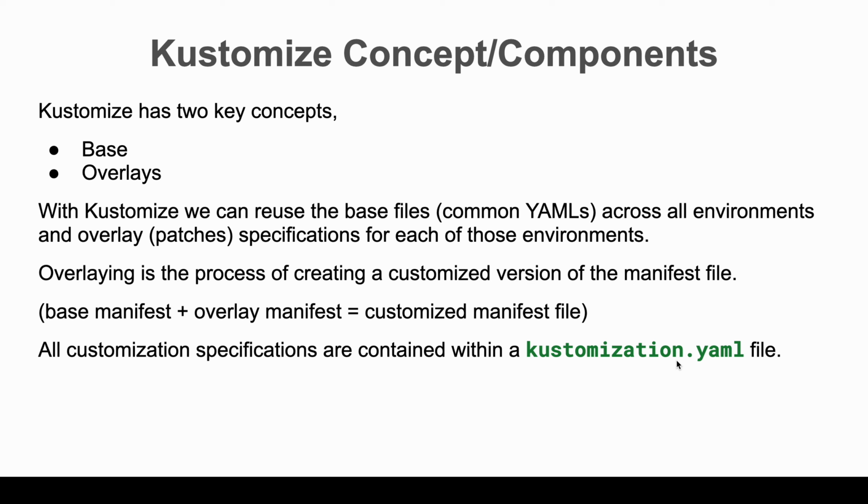As we are already aware of different types of resources and objects in Kubernetes, like deployment, services, daemon set, stateful set, etc., within Kustomize we have to create a customization.yaml manifest file which specifies all the customizations we are doing for the different stages.